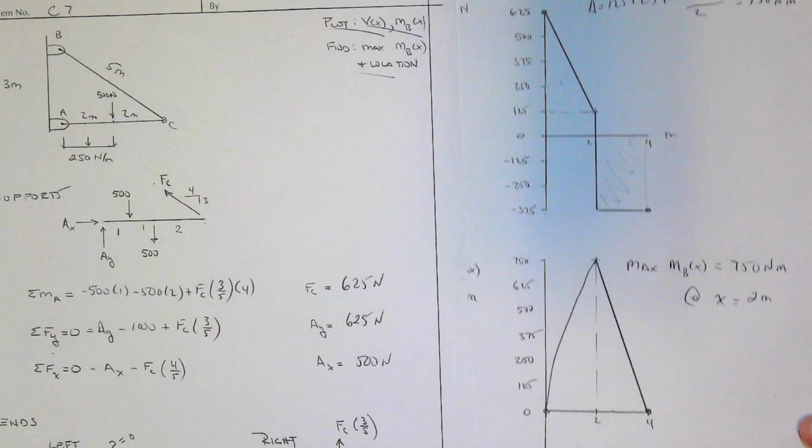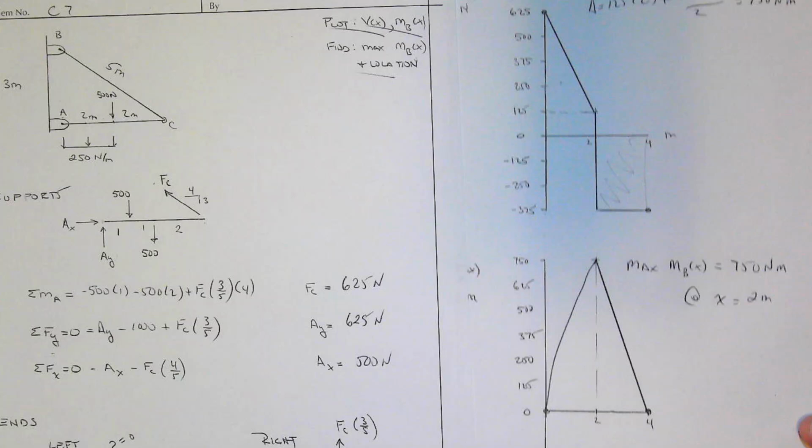All right. And now we have this area. So that's 375 times 2. That's 750. That takes us down in a straight line. Okay. So we were asked at the top here, plot the shear as a function of x.